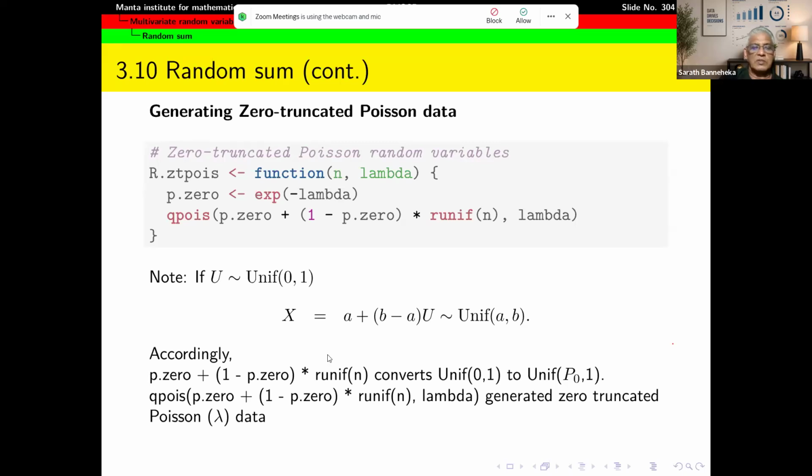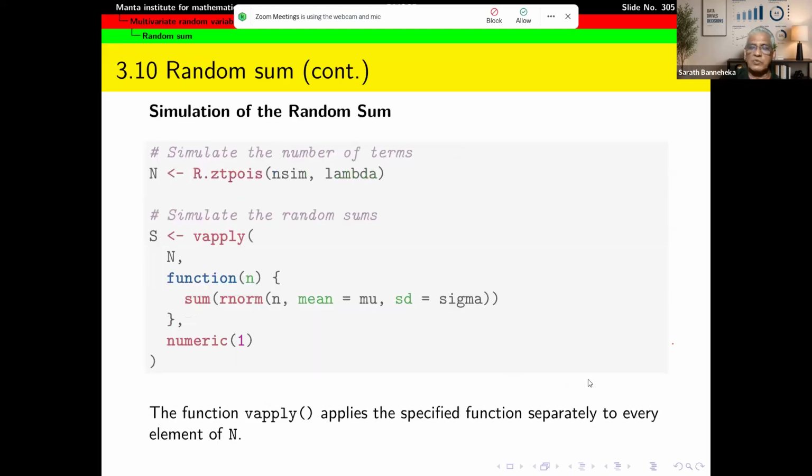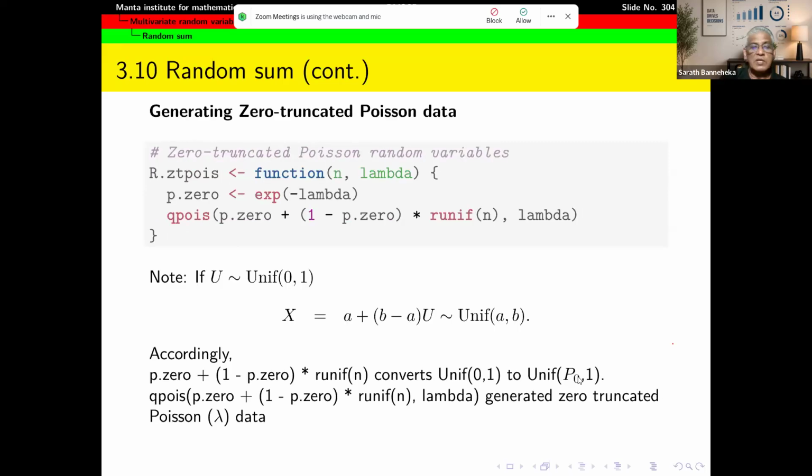This expression converts uniform 0, 1 random numbers into uniform P0, 1 values, where P0 is the probability that the random variable is equal to 0 in a usual Poisson distribution.